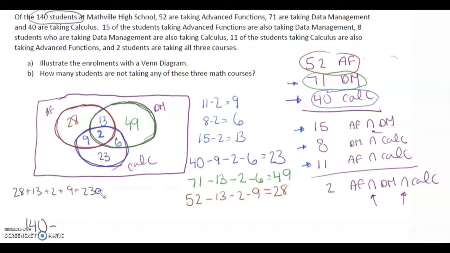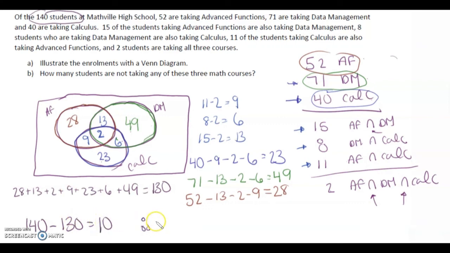And what I'm doing is I'm just writing out all of these numbers, 28, 13, 2, 9, 23, 6, 49, and I'm just adding them together. This is going to account for all of the students who are taking 1, 2, or all 3 math courses. I get 130.